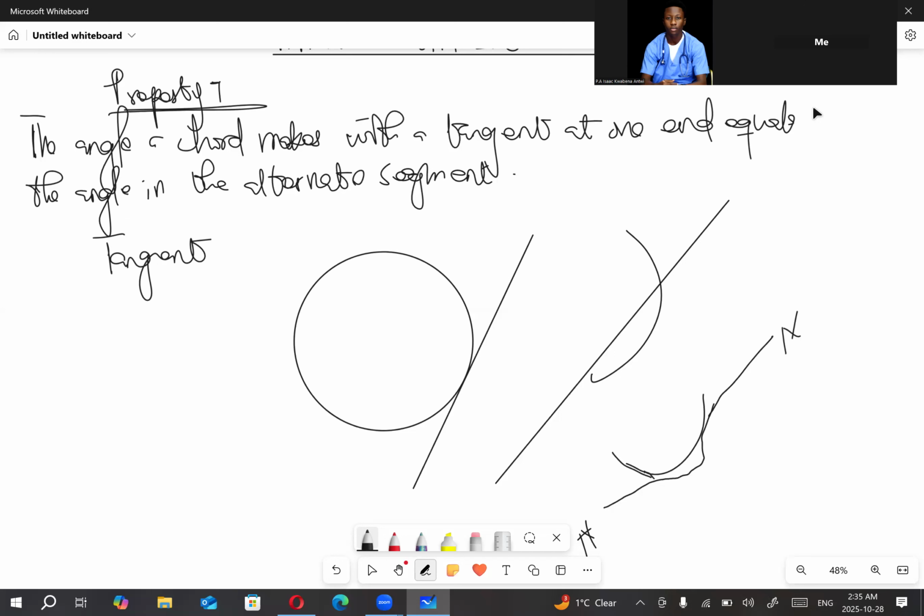Now, so we have our tangent. Now let's have one main chord. We all know what a chord is. Let me start again. Let's have a main chord. So this is how it behaves. And then let's have two supporting chords making a triangle.